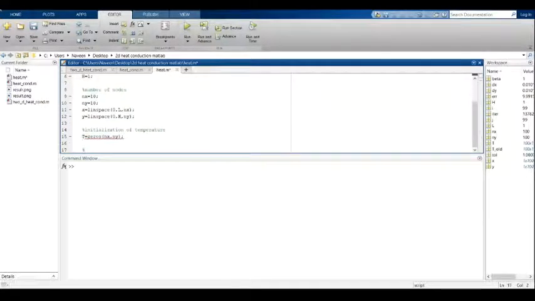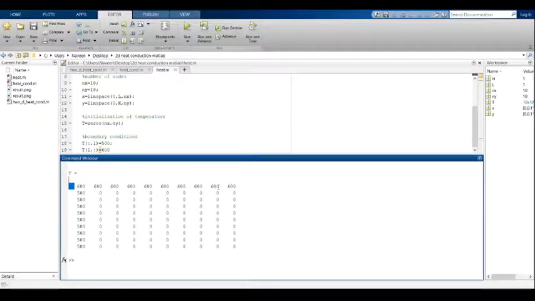And the boundary conditions: T of left equals 500 as from the problem, and T top 600. Let's check whether it is correct or not.